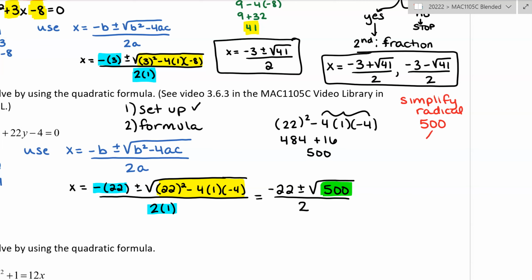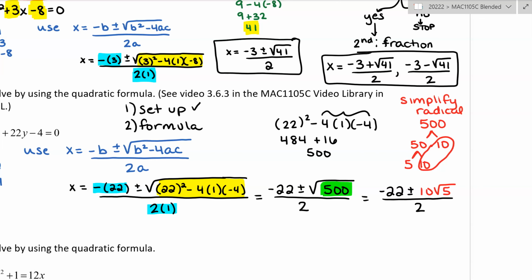It's definitely 50 times 10. 50 is 10 times 5. And now we see this double 10. So we know a 10 is going to come outside. So I will rewrite that as 10 square root 5. So I have -22 plus or minus 10 square root 5 over 2.